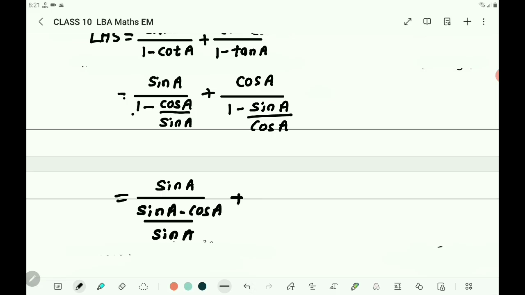Plus, here 1 means 1 by 1. 1 into sin A is sin A. Here also, write cos A as it is, and the LCM is cos A, and the numerator becomes cos A minus sin A.